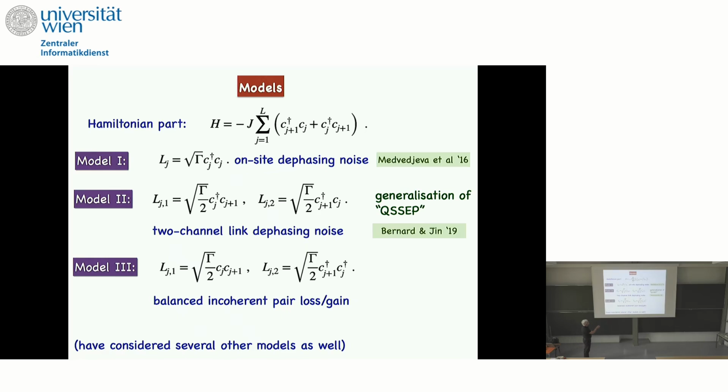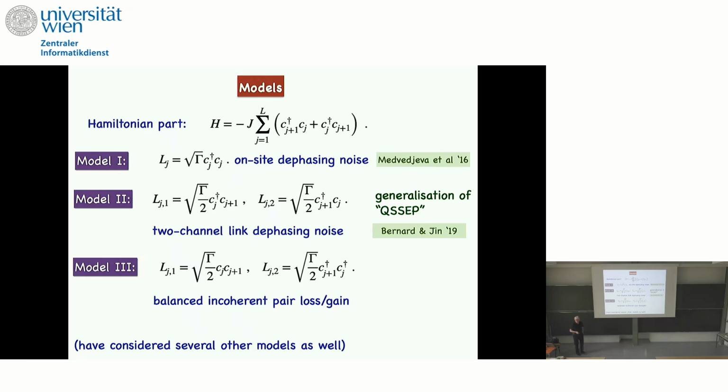As you can see, the jump operators are chosen in such a way that the rates are the same, so the set of jump operators is closed under Hermitian conjugation. Both model 1 and model 2 have a U1 symmetry, so particle number is conserved. I want to contrast this to model 3, which breaks the U1 symmetry.